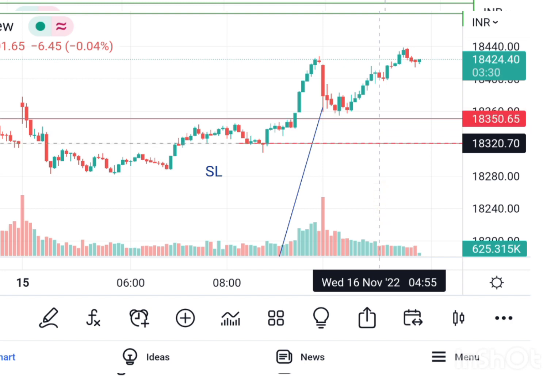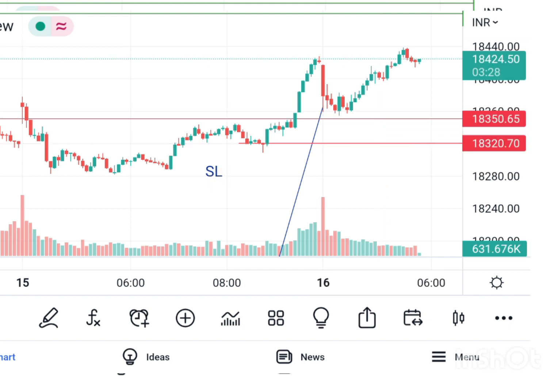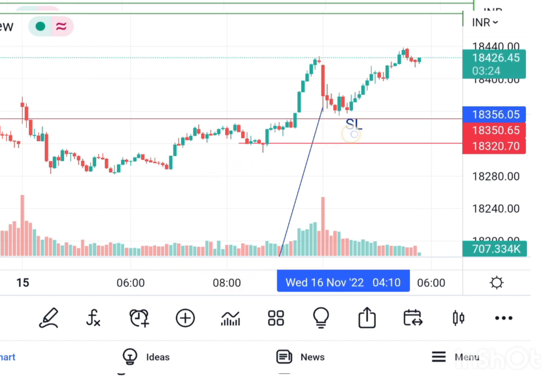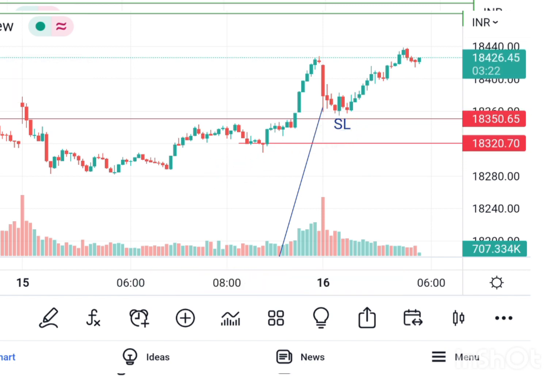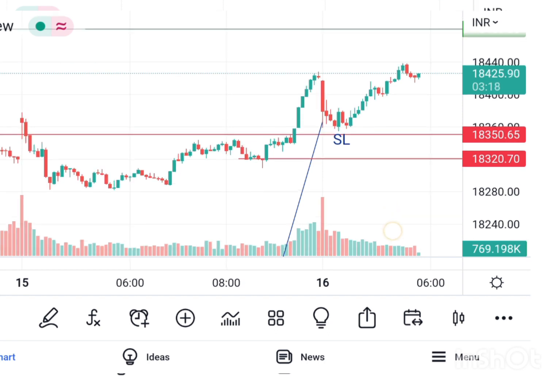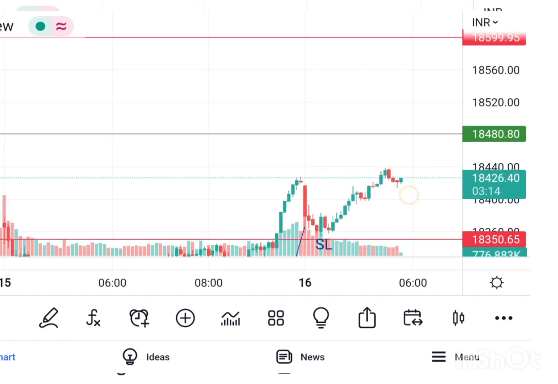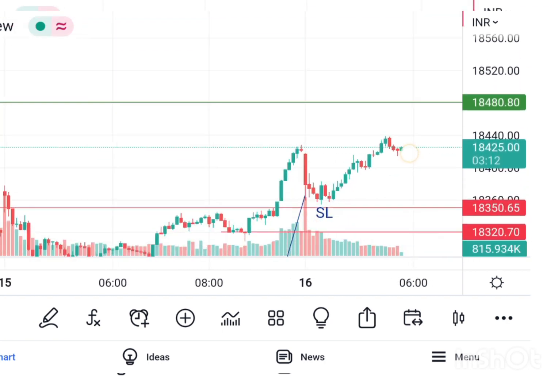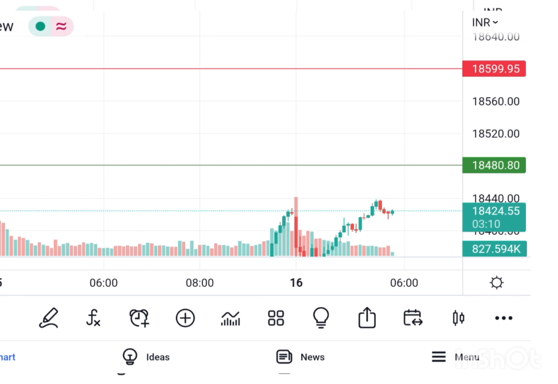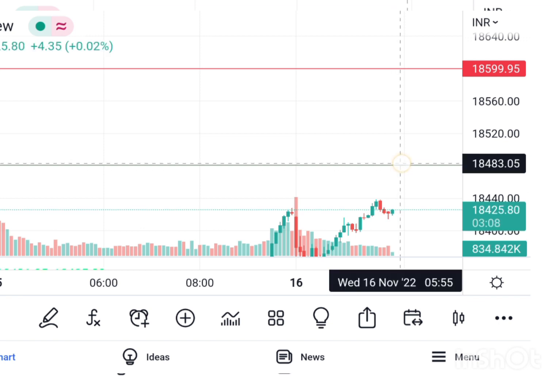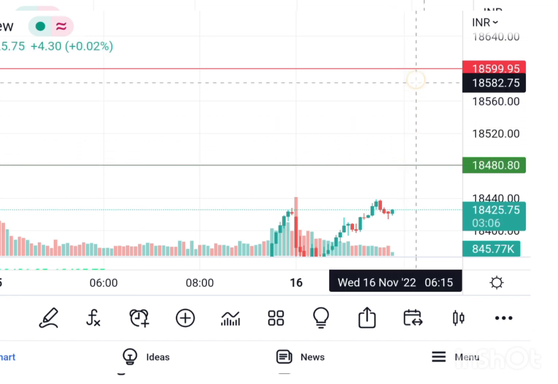So as per my plan, I'll trail my SL here, and this is going to be my target 1, and this is going to be my target 2. 480 is my target 1, and 599 is my target 2.